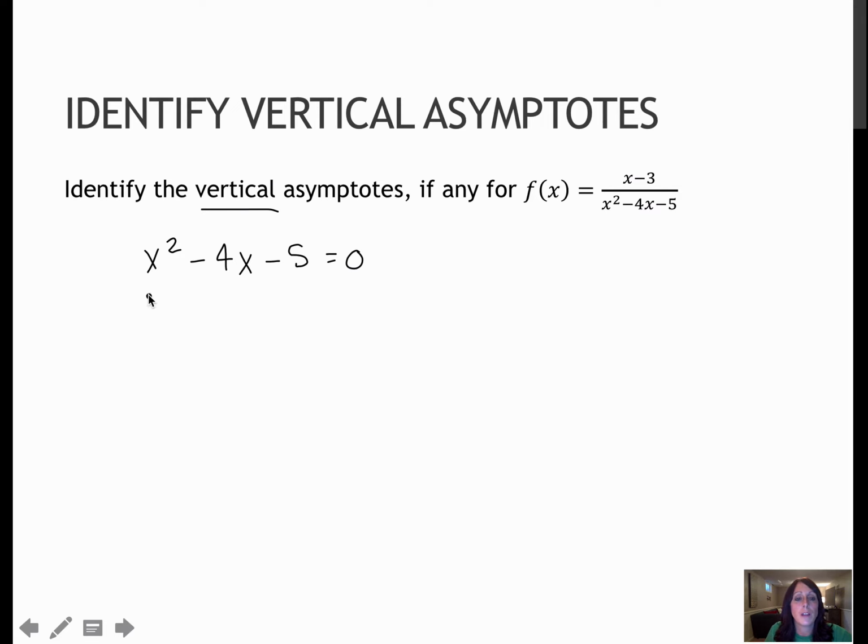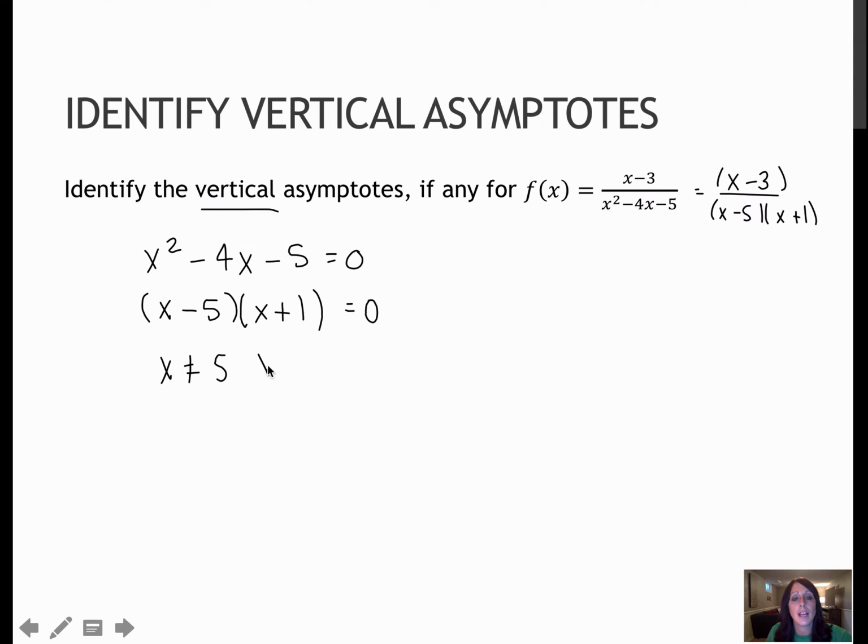So if I factored this, I would get x minus 5, x plus 1. And what I would look for is to see if anything canceled with the values on the top. In this case, it sure does not, which means that x cannot be 5 and x cannot be negative 1.